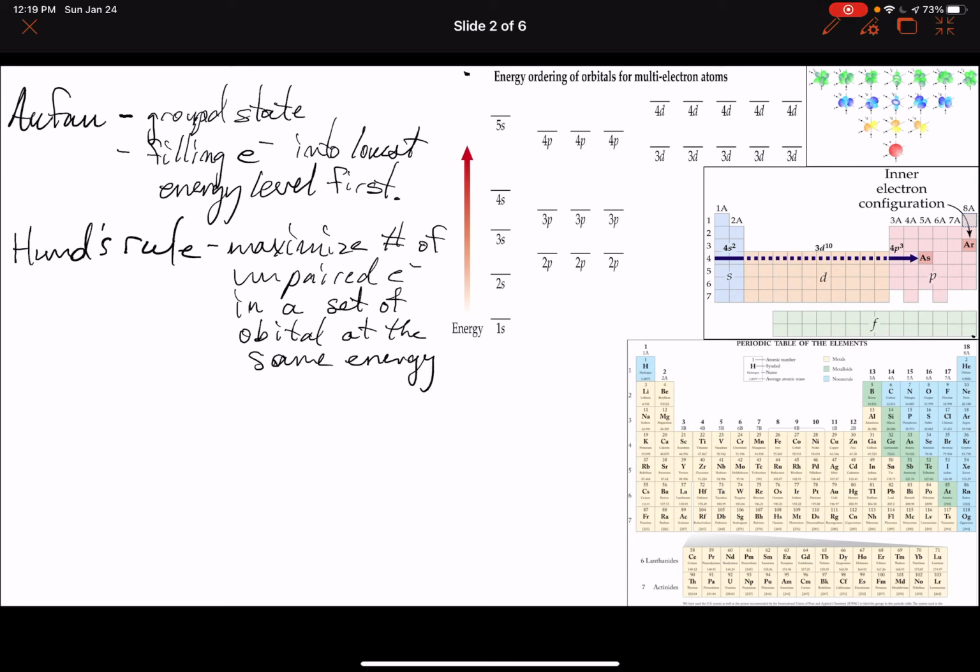Okay, a set of orbitals at the same energy. There's one set right there. We would want to unpair the electrons first, and then if we have to apply extra electrons, then we would start to pair them up. Okay.